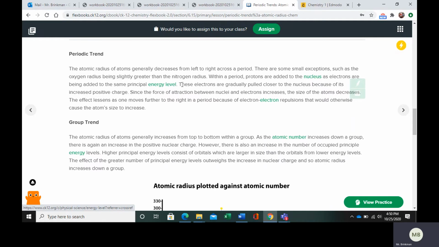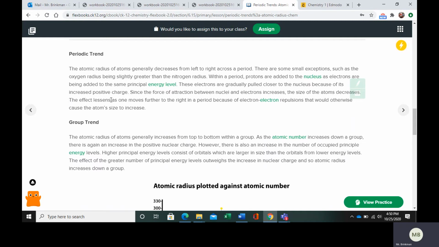The electrons are pulled in closer to the nucleus because they are attracted to this positive charge and they're all filling the same energy level. Because of this increased force of attraction between the protons and electrons, the size of the atoms is going to decrease, because the protons are pulling in the electrons and as a result making the atom smaller.